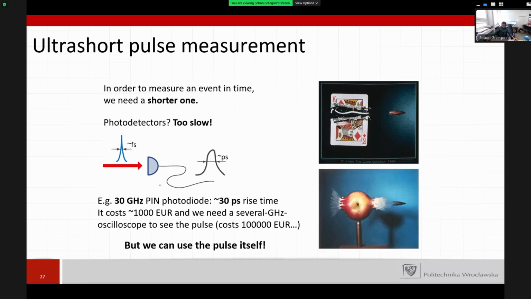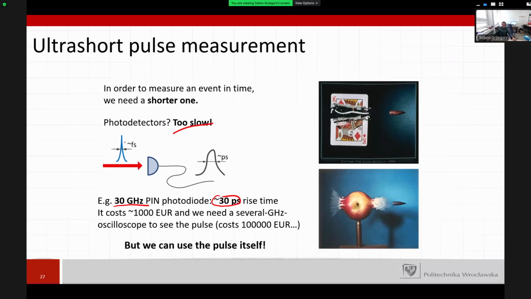Also, photodetectors are relatively slow devices because there is a response of the photodetector, of the semiconductor, we have the amplifiers there, and so on. So the rise time usually of a photodetector, which can have a bandwidth of 30 gigahertz, which is an enormously high bandwidth, will correspond to about 30 picoseconds.